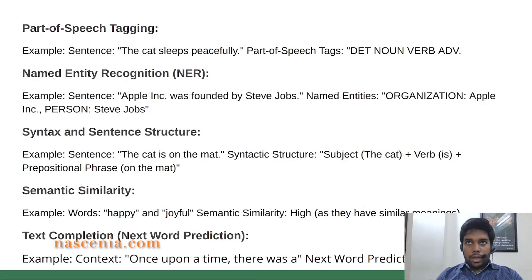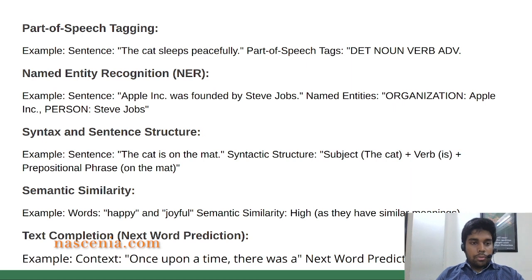Moving on, if we understand the context of the word in a specific sentence, we can use our language model in a wide variety of use cases. For example, part of speech tagging. In a sentence, what does a word function as? Is it a noun? Is it a pronoun? Is it a verb? So, for example, the cat sleeps peacefully. In this sentence, the cat would be a noun, and a language model could be used to detect that the cat is a noun.